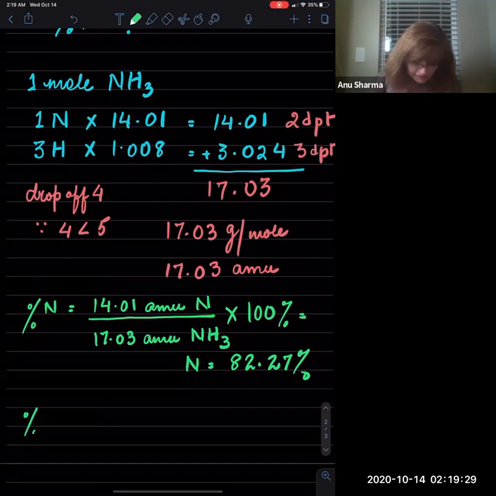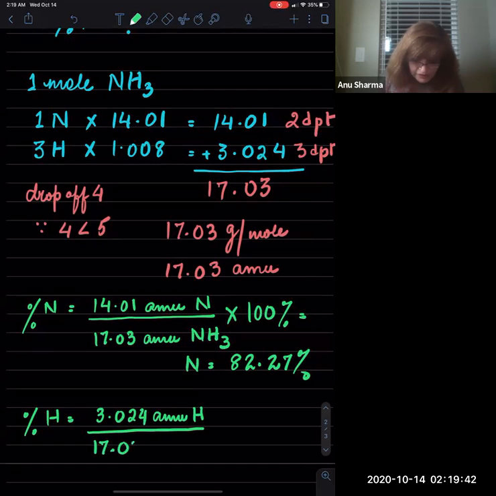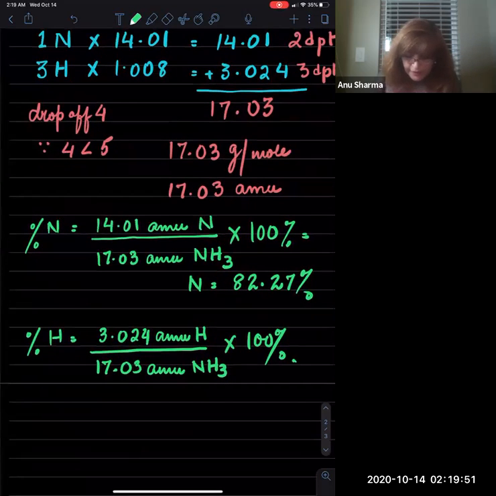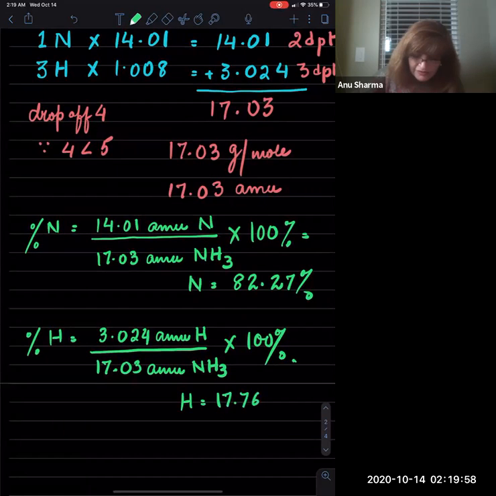Then comes the percentage of hydrogen. So we have 3.024 atomic mass units of hydrogen present in 17.03 atomic mass units of NH3, times 100%. And this comes out to be 17.76% of hydrogen.